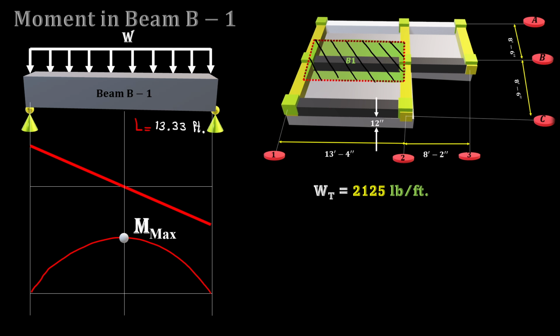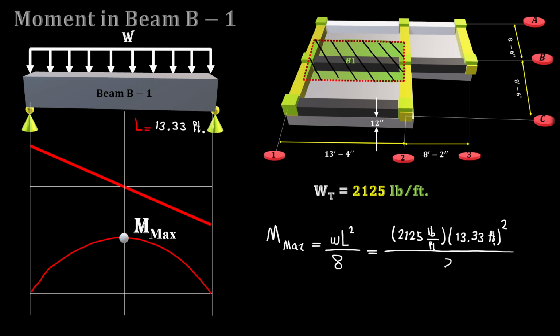Maximum moment comes from WL squared over 8 for such a beam, and the total load we already calculated to be 2125 pounds per foot. If you replace this W in our equation and do the math, it gives you the maximum unfactored moment.